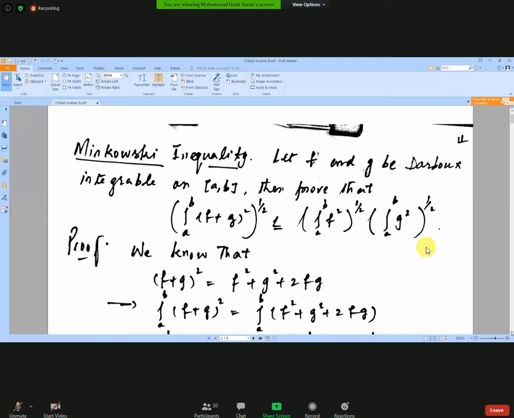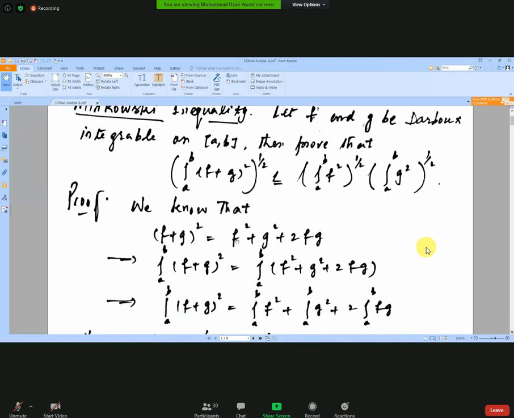Now we know that f plus g whole square is equal to f square plus g square plus 2fg. Since it is given that f and g both are integrable, and we have studied that if f and g are integrable, then fg is also integrable, and f square and g square will also be integrable. So we can take integration from a to b on both sides.